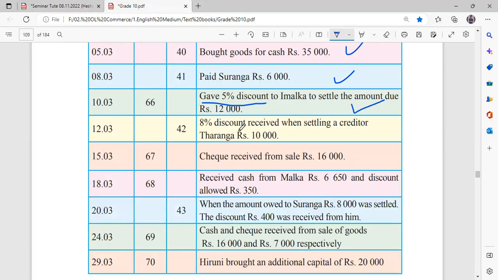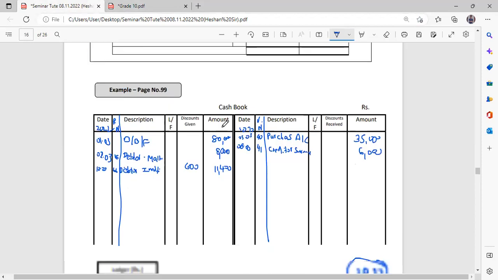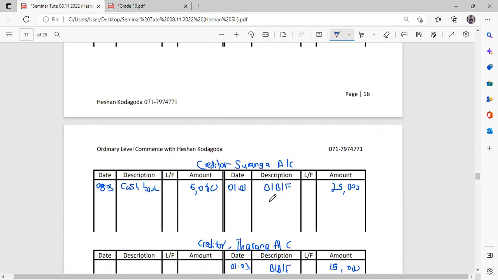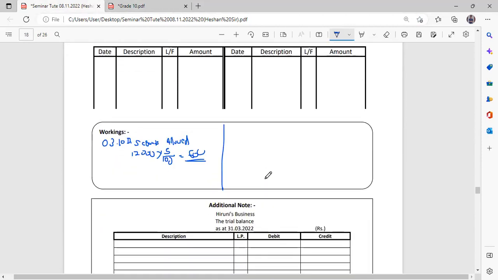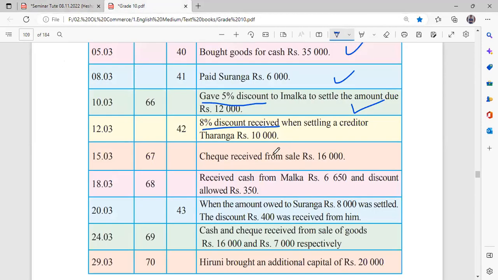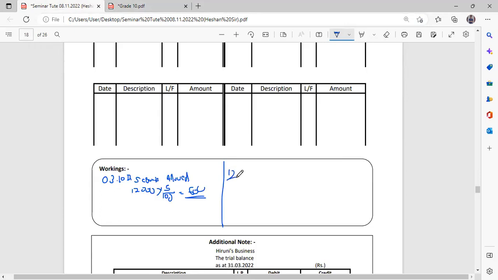8% discount received when settling the creditor Taranga 10,000. Taranga is a creditor, so we paid on March 12th.